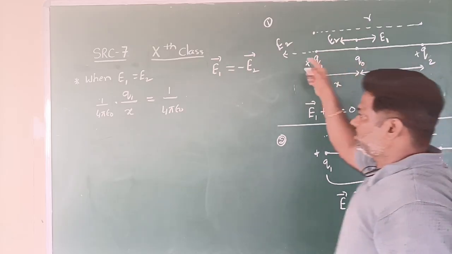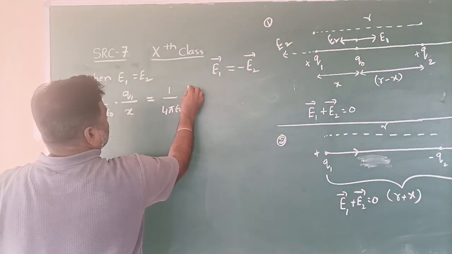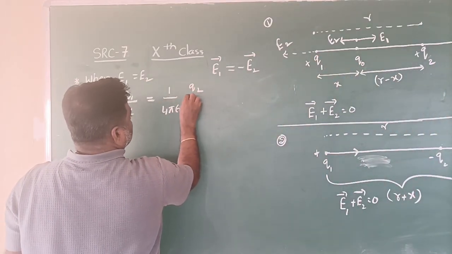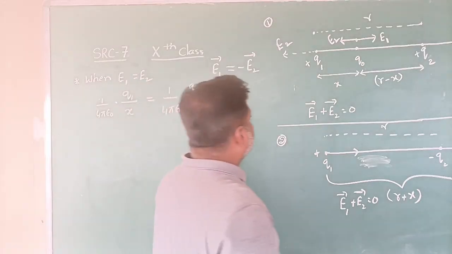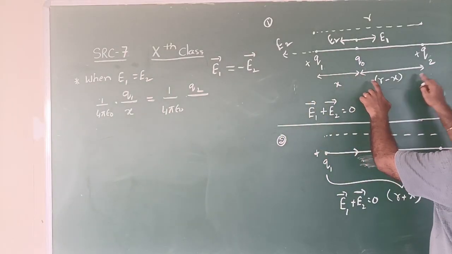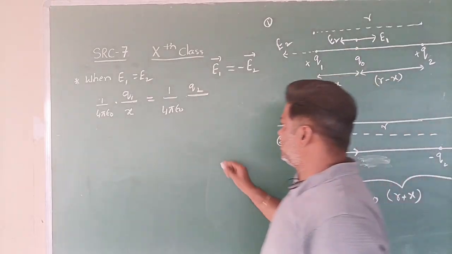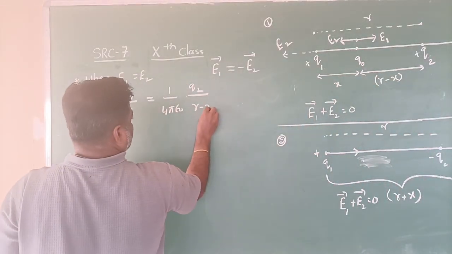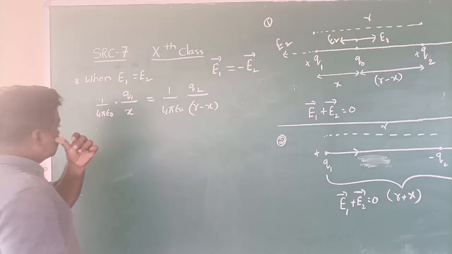That is E2, due to Q2 by the distance between Q2 and Q naught, which is r minus x. Okay. So these two are equal.